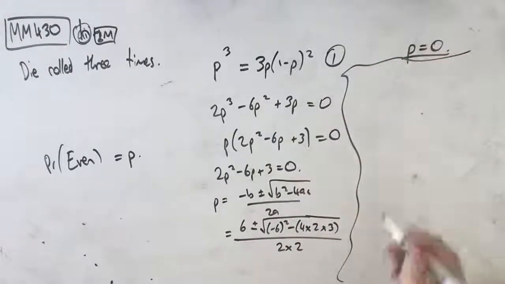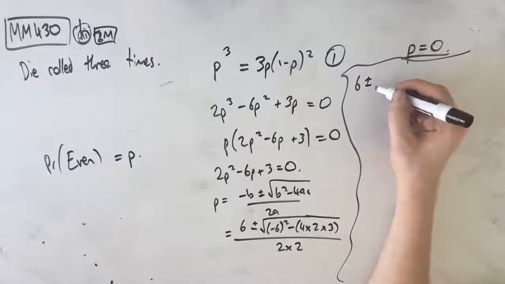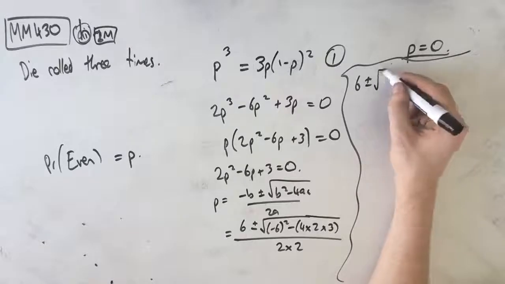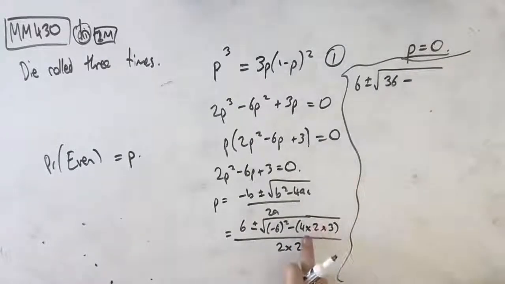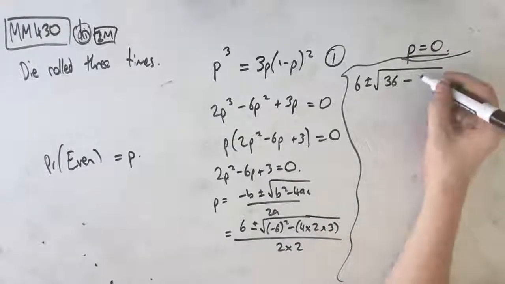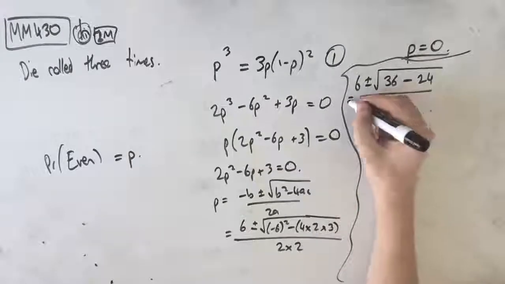So then we've got 6 plus minus the square root of negative 6 squared, which is 36, minus 4 times 2 times 3, which is 24, over 4, because 2 times 2 is 4.